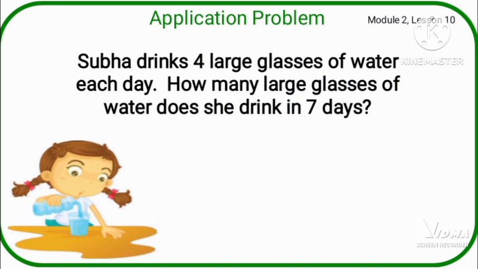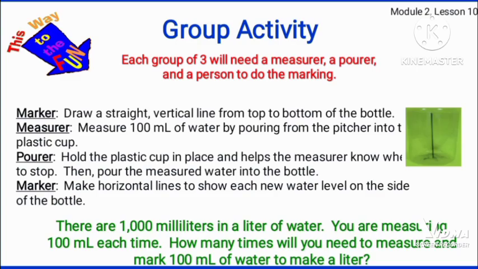So it's for you to just add it up for 7 days. And there's a quicker way of doing that, multiplication. 4 times 7 equals 28. 28 large glasses of water in 7 days.